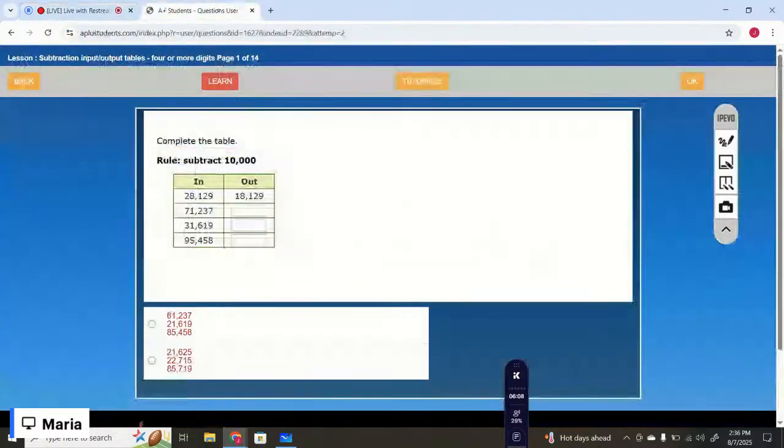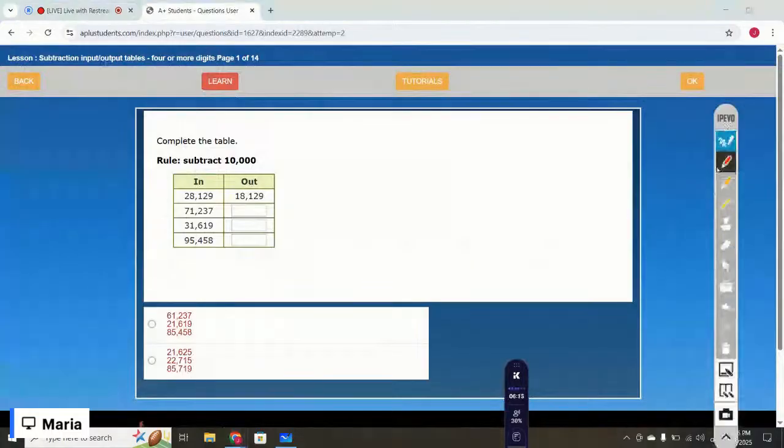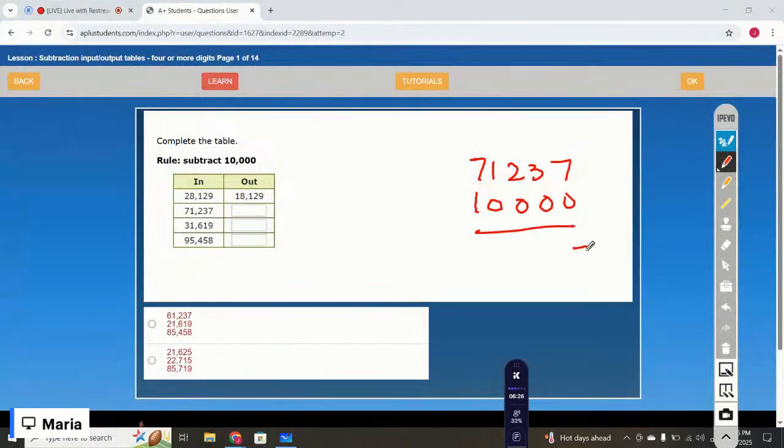Subtract 10,000, right? So you only need to subtract the 10,000s digit because the rest of the digits, when subtracted from 0, the answer is 0. Like here you can see 71,237 minus 10,000. So 7 minus 0 is 7, 3 minus 0 is 3, 2 minus 0 is 2, 1 minus 0 is 1.